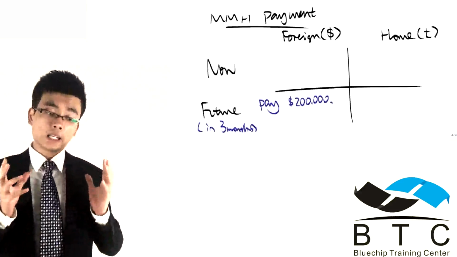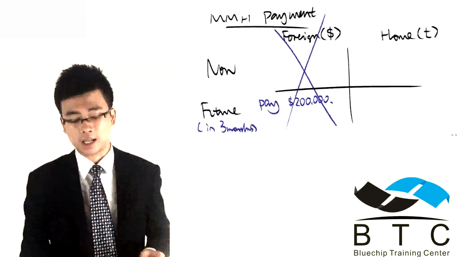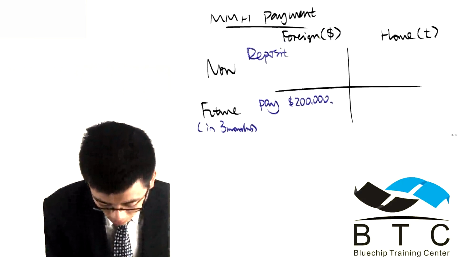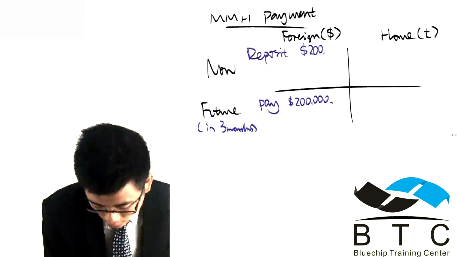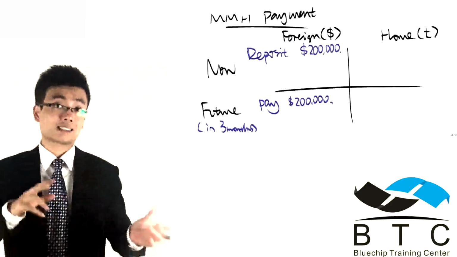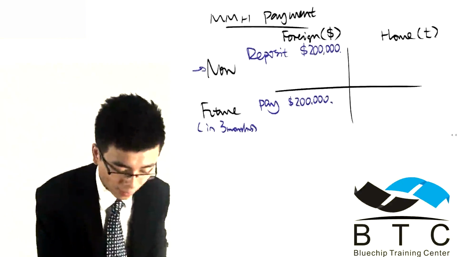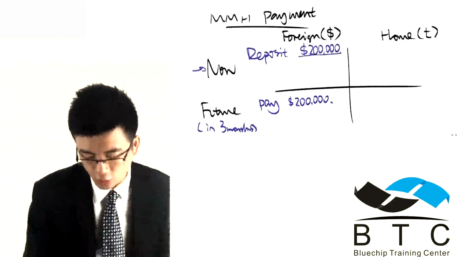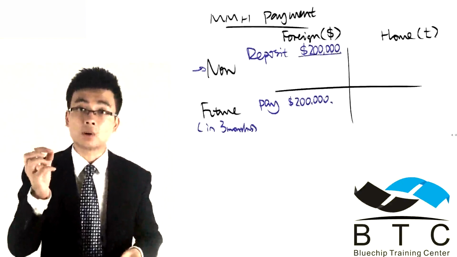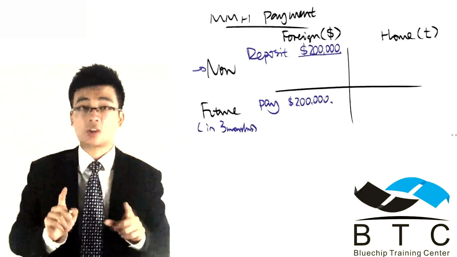So in order to eliminate the foreign exchange rate risk on the left-hand side, what you're going to do is try to deposit money to get $200,000 at some point in the future. But here it is relating to now, so you need to discount that money into today's terms to get a smaller figure, so that at some point in the future it will grow to $200,000.